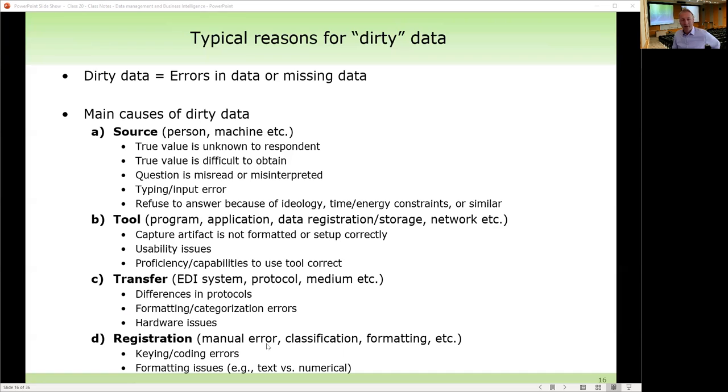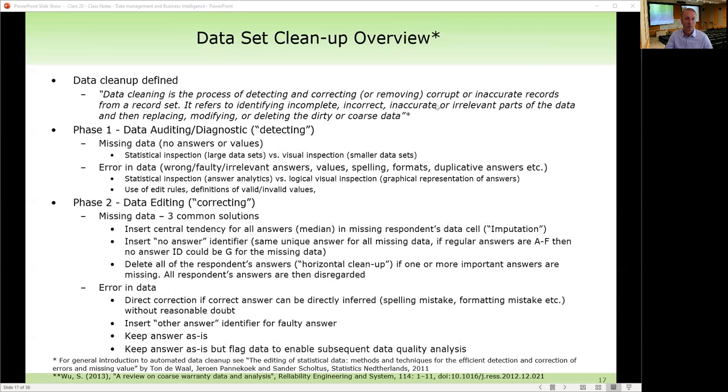The data is then coded as text and not as numbers, and that gives registration issues, especially if it goes into a database after that. So again, four typical causes of dirty data: it's the source, it's the tool, it's the transfer, it's the registration of the data that can cause these issues.